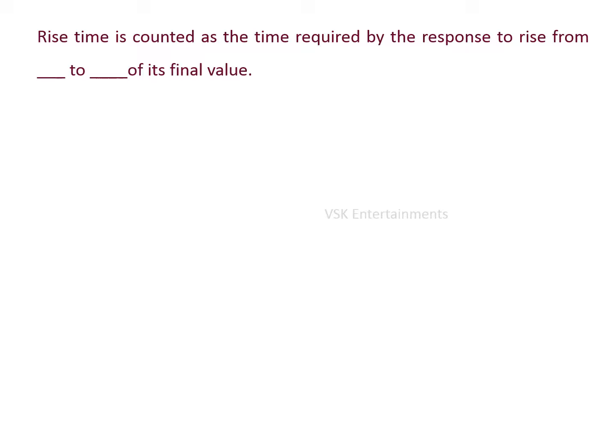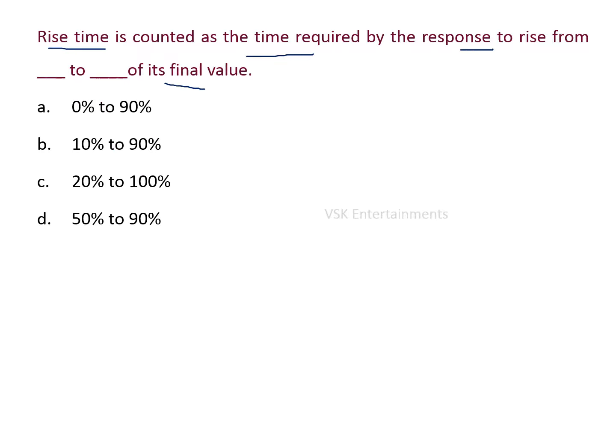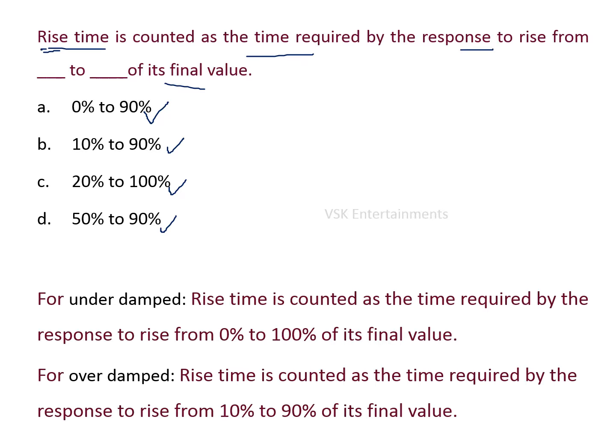Coming to next one, the rise time is counted as the time required by the response to reach from dash to dash of its final value. Options are 0 to 90%, 10 to 90%, 20 to 100%, 50 to 90%. Here there are two definitions for rise time depending upon the type of the system.